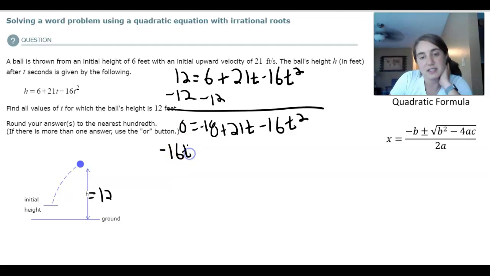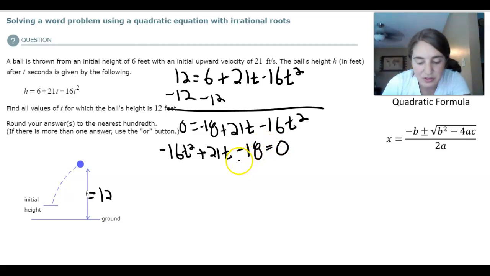So negative 16t squared plus 21t minus 18 equals 0.